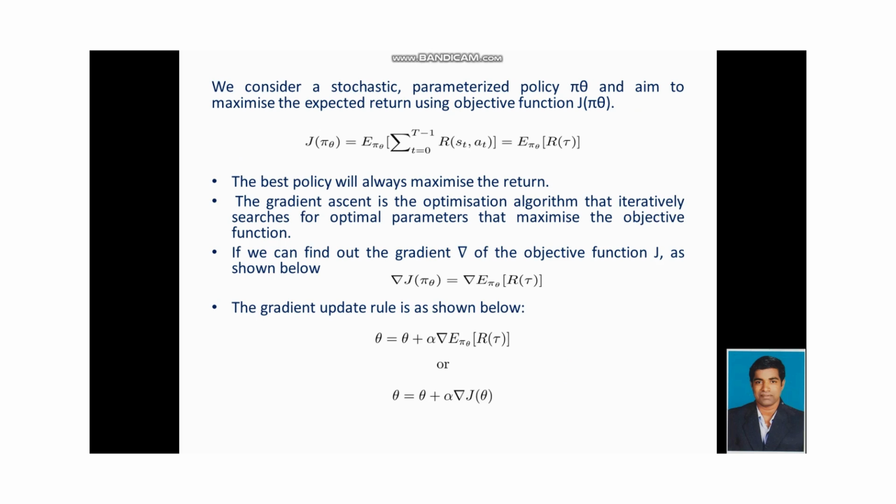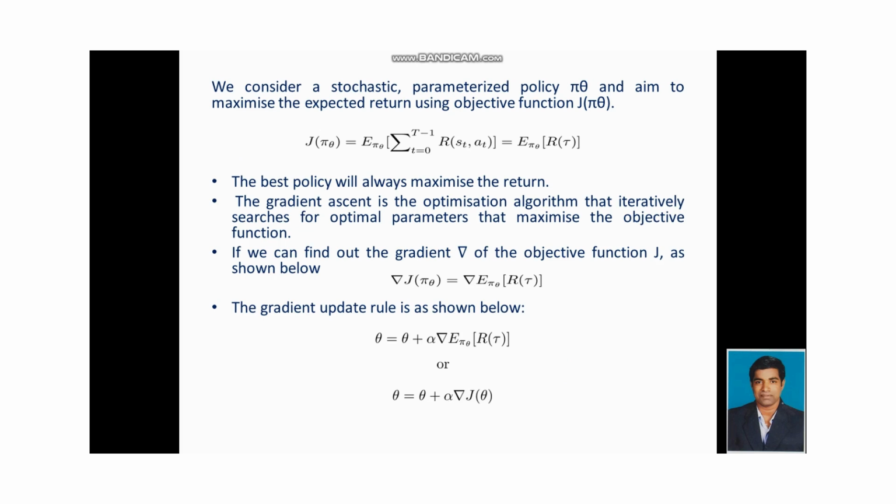J of pi theta is equal to the expectation under pi theta of the summation t equal to 0 to T minus 1 of r of s_t, a_t, that is, the expectation under pi theta of R of tau.